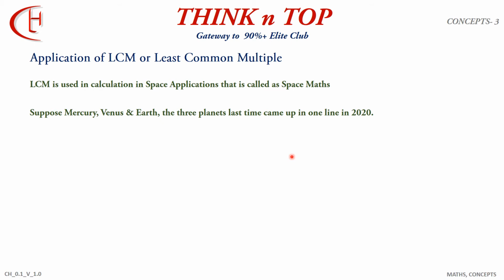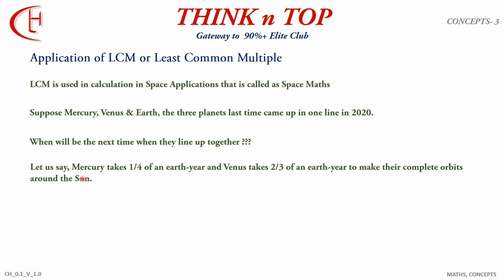Suppose Mercury, Venus and Earth are the 3 planets that last came up in one line in 2020. When will be the next time they line up together? How do we know? We have certain information about their behavior. Mercury takes 1/4 of an Earth year and Venus takes 2/3 of an Earth year to make their complete orbits around the Sun.